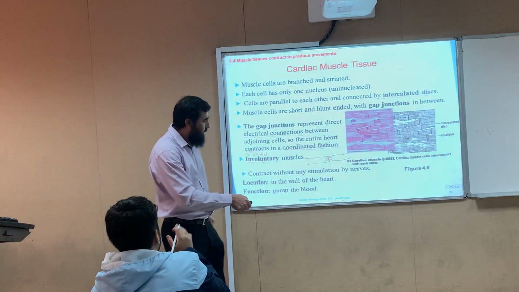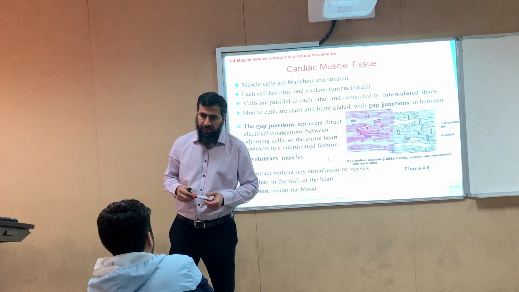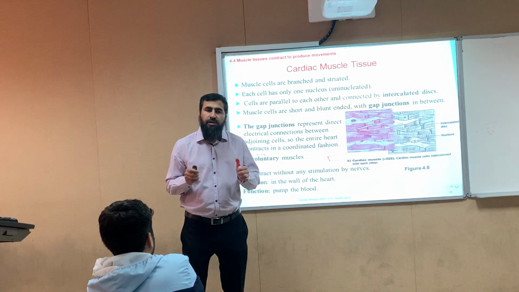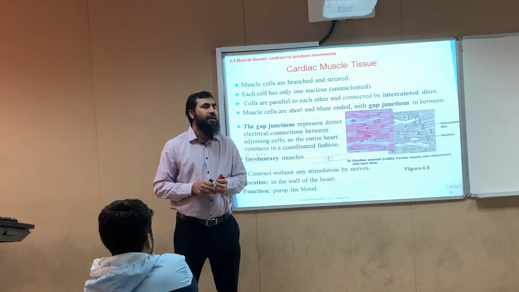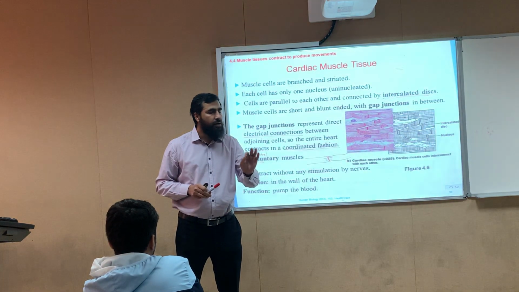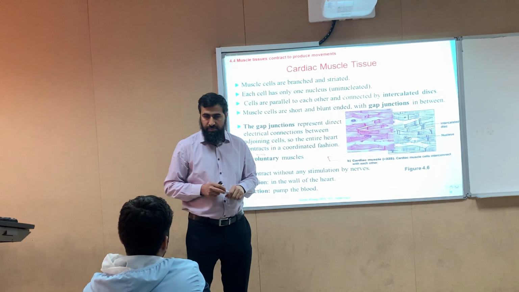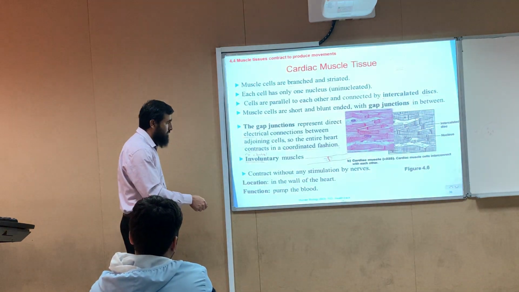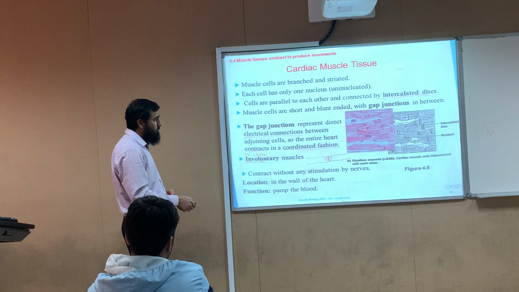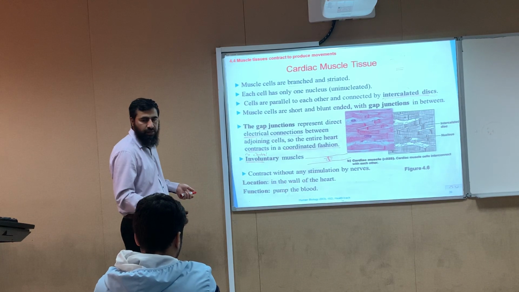It doesn't come from the nerves, because when the brain is dead, the heart is still beating. The brain can only increase or decrease the heart rate; it doesn't control it. So we find it in the walls of the heart, which pump the blood.